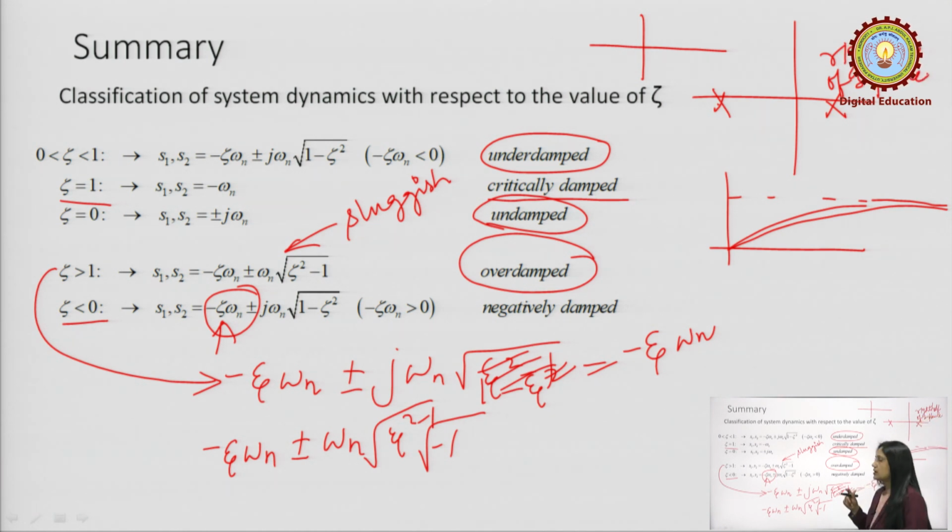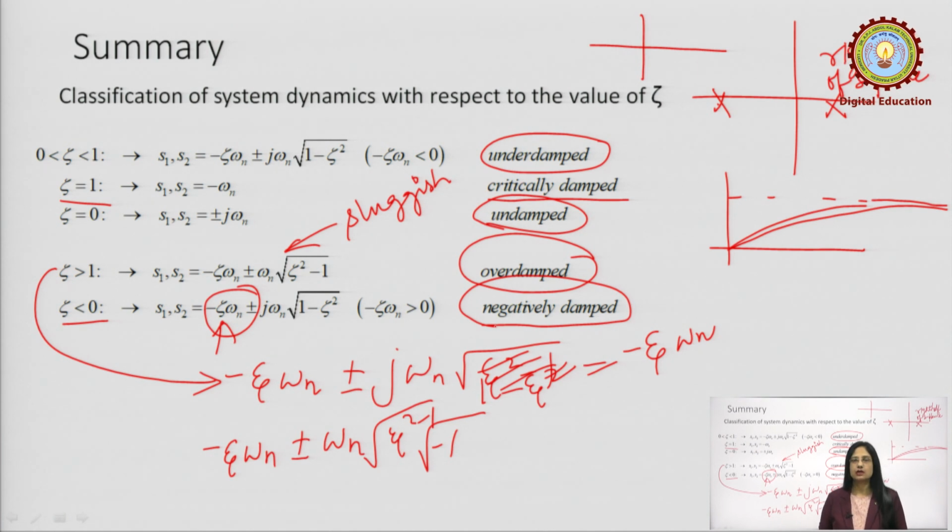When the roots are on the right half of the S plane, it is the condition of being unstable. So, we have written here that this is the case of negatively damped condition. Negatively damped condition in the sense that the system is unstable.